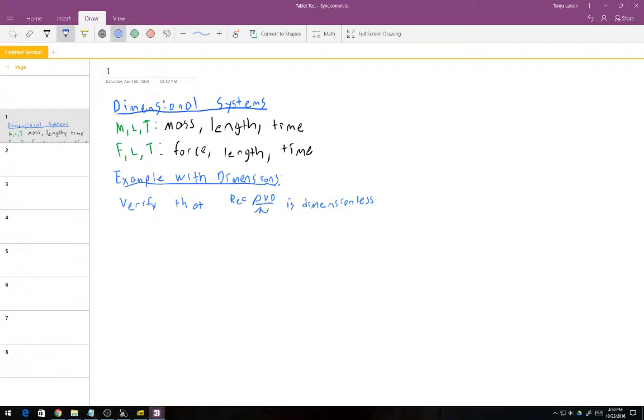So how would I do this? Well, let's look at this both in an MLT and an FLT system.